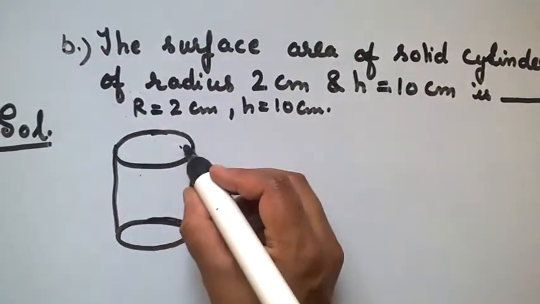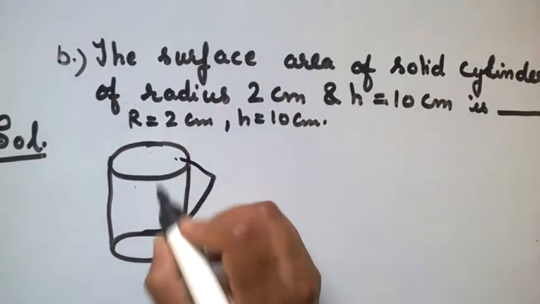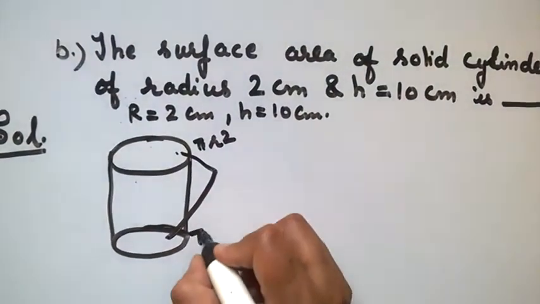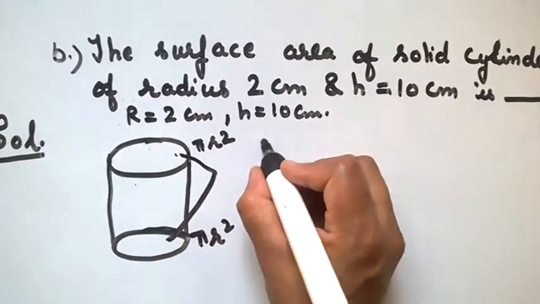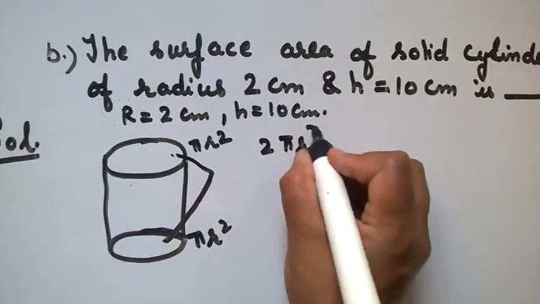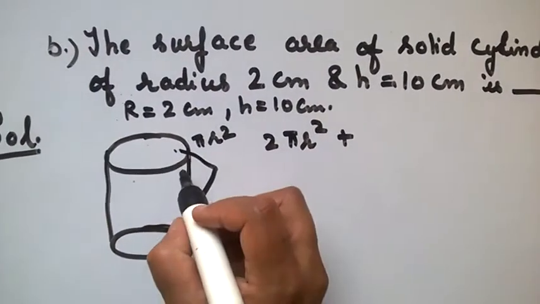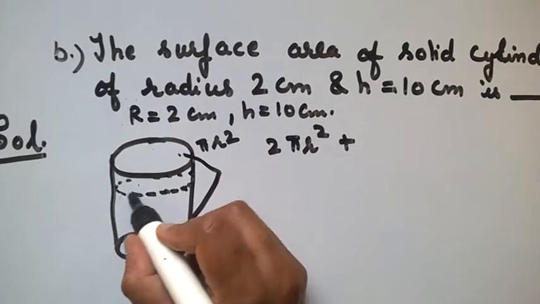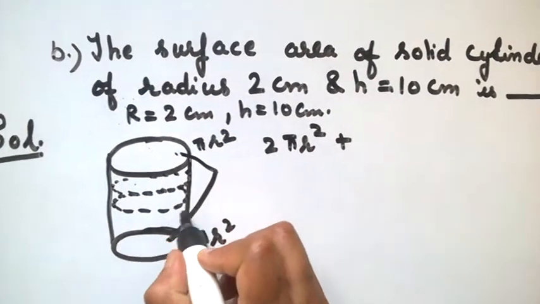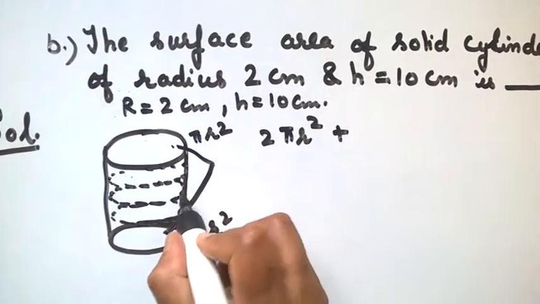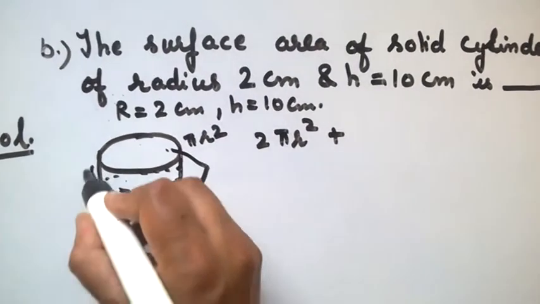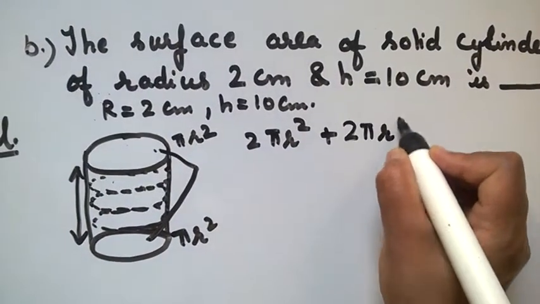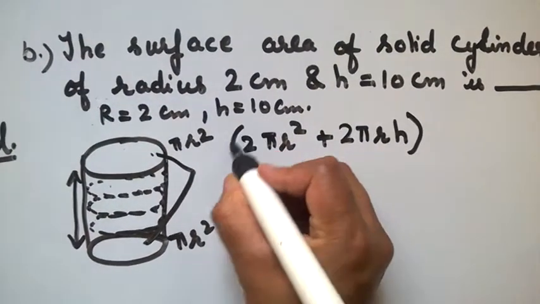The area of these surfaces is pi r square and pi r square, that is 2 pi r square, plus the remaining curved area, which is the circumference up to the height of the cylinder, that is 2 pi r into h, in centimeter square.